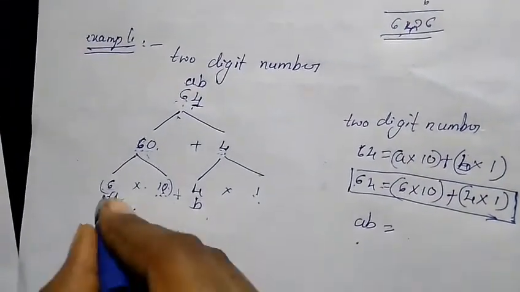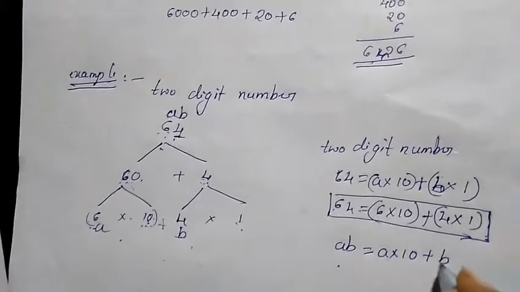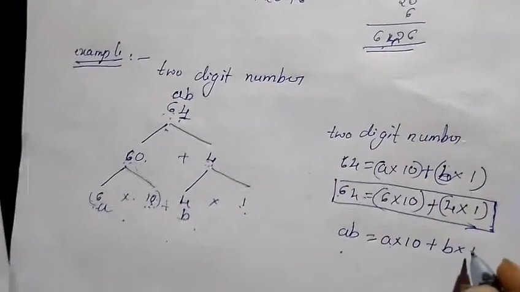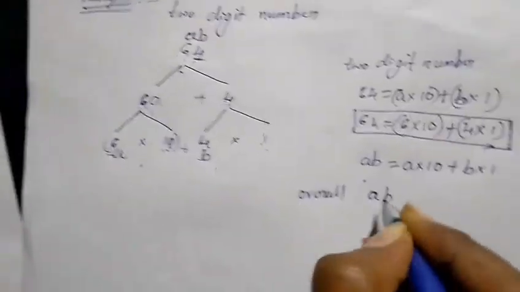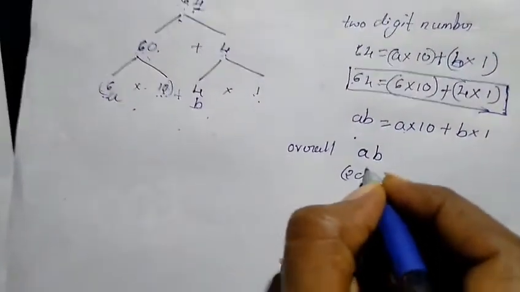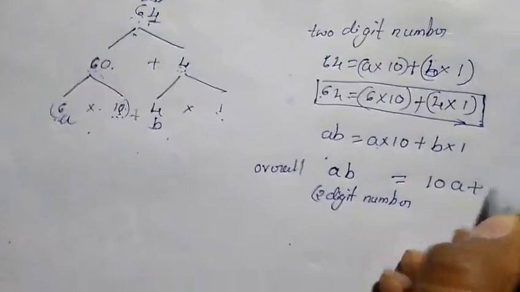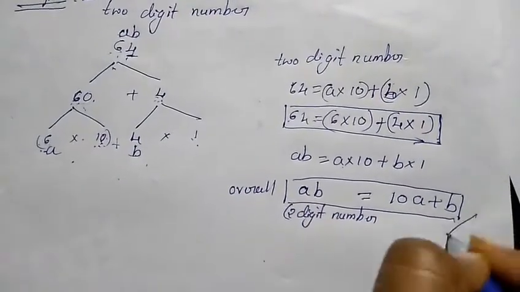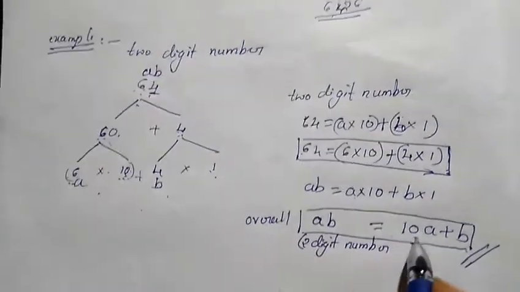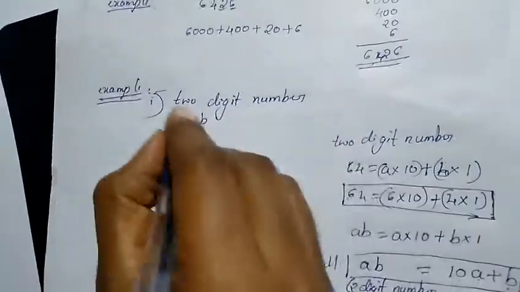AB is equal to A into 10 plus B into 1, or you can simply write B. So our overall formula is: any 2-digit number AB can be written in the form of 10 into A plus B. Yes, for any 2-digit number we can write it as 10 into A plus B. So this is the example for a 2-digit number.